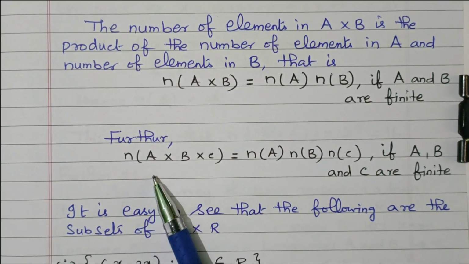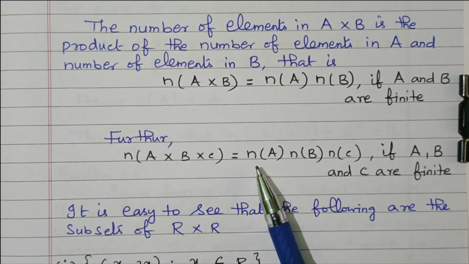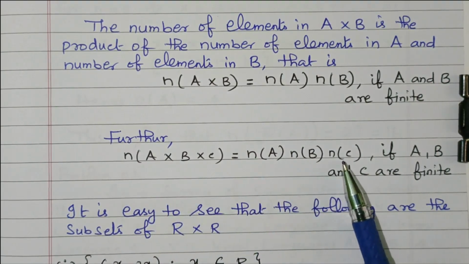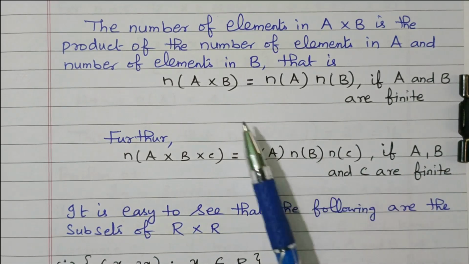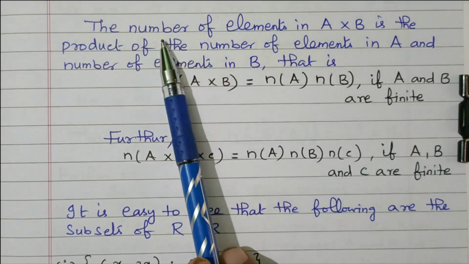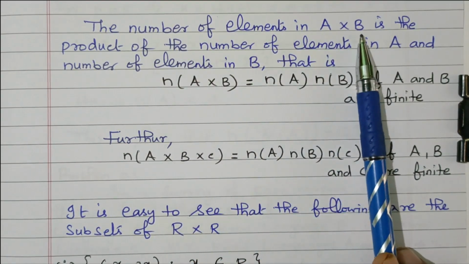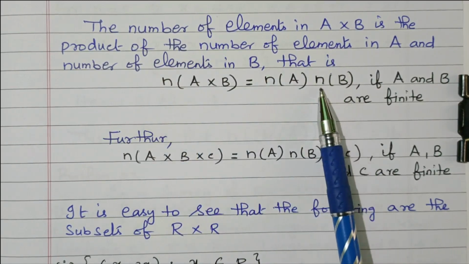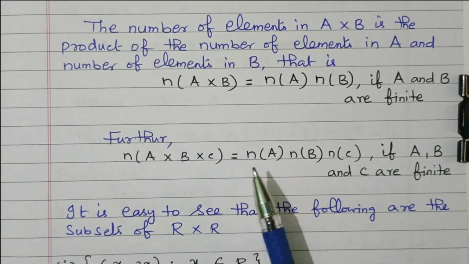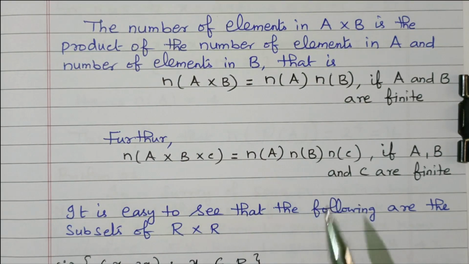Further, N of A cross B cross C equals N of A, N of B, N of C, if A, B and C are finite. So we can use this formula.